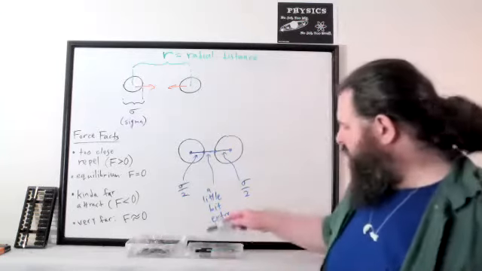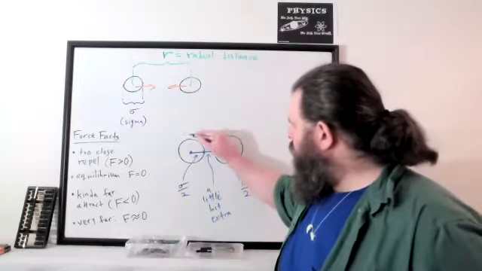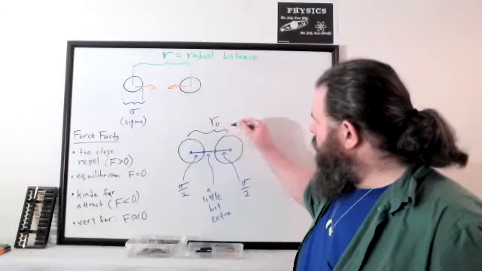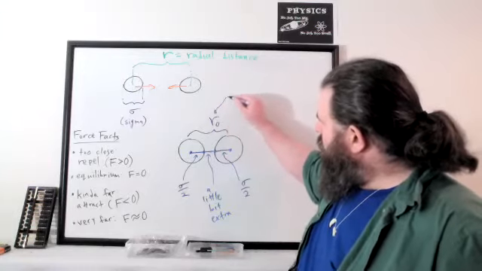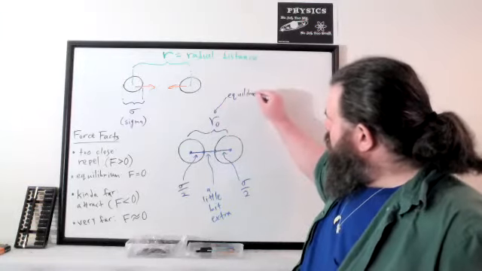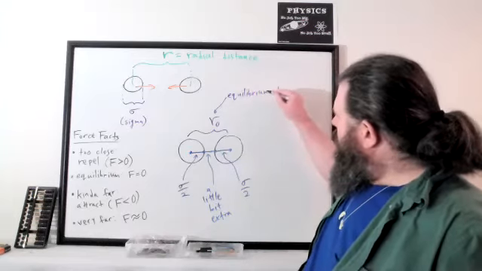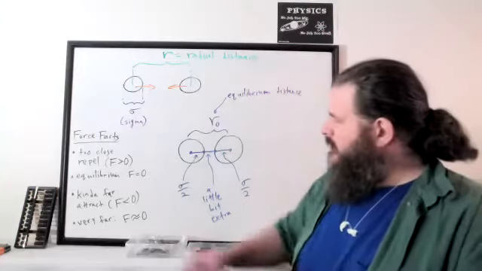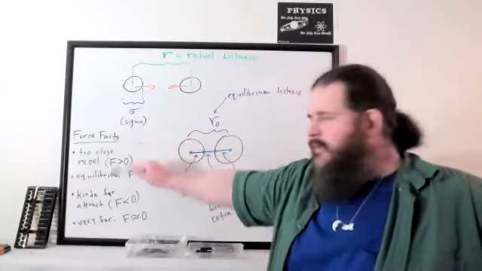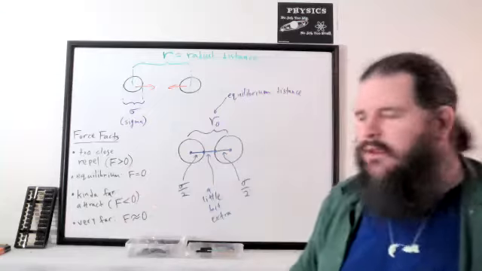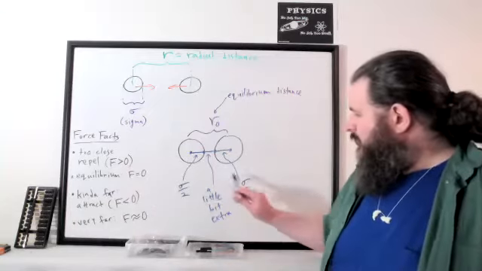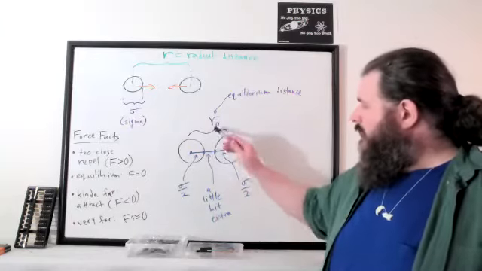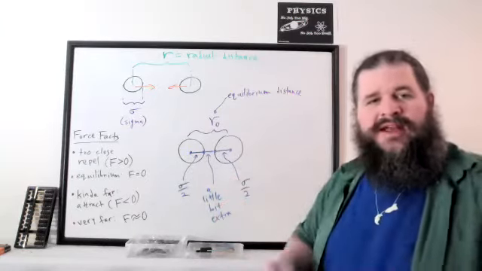So the actual distance for equilibrium, which we're going to call r sub 0, is a little bit further out than too close, but not so far out that it's attractive. So we've got sigma over 2 plus sigma over 2. That gives us 1 sigma plus a little bit extra. So R naught is going to be 1 sigma plus a little bit extra.